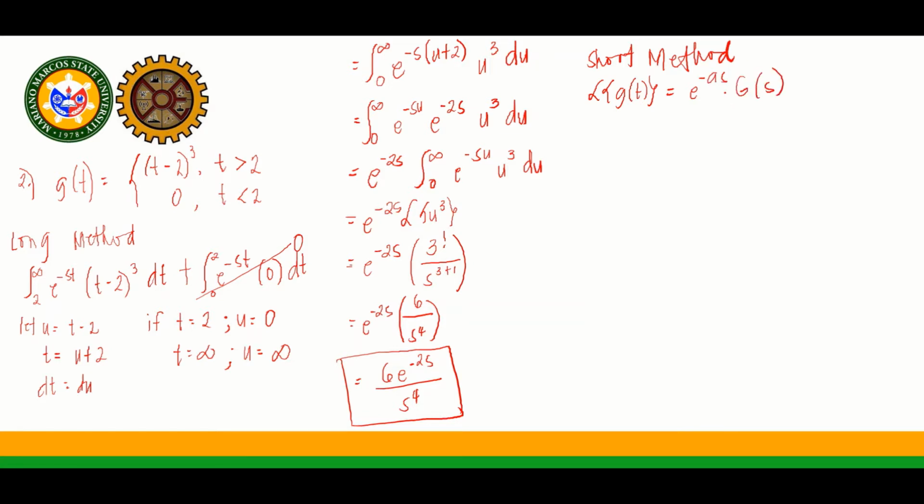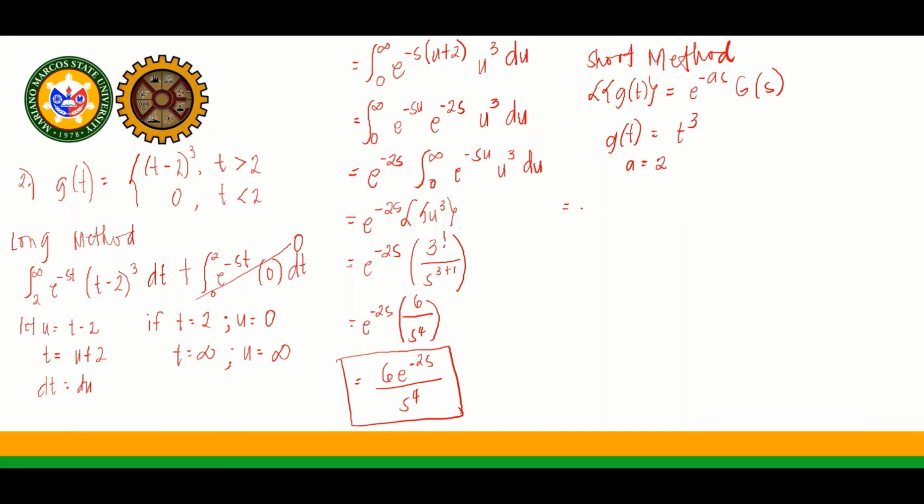That should be g of s, not f of s, okay? So, our function g of t is equal to t cubed and our a is equal to 2.